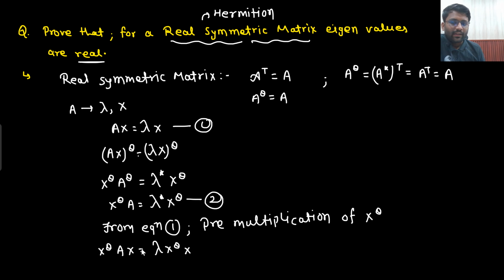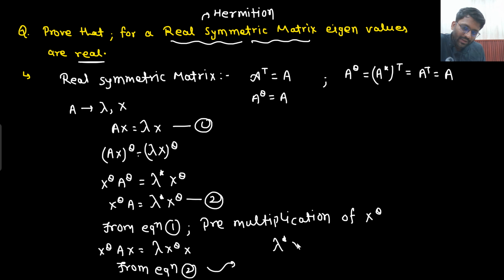Understandable? Now from equation 2, can I put the value of x conjugate A? Yes. From equation 2, x conjugate A is nothing but lambda conjugate x conjugate. Right?